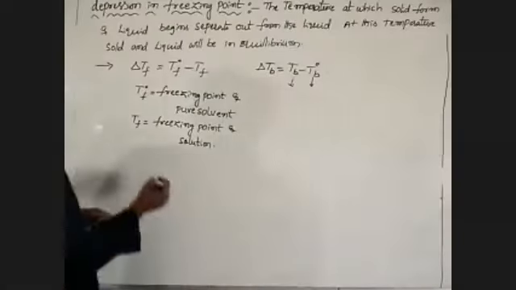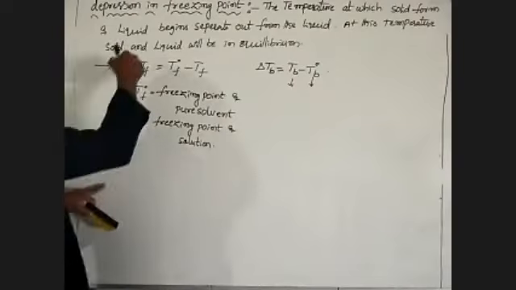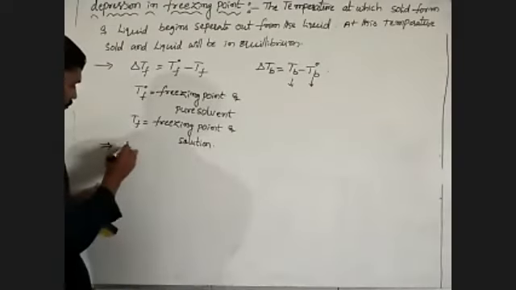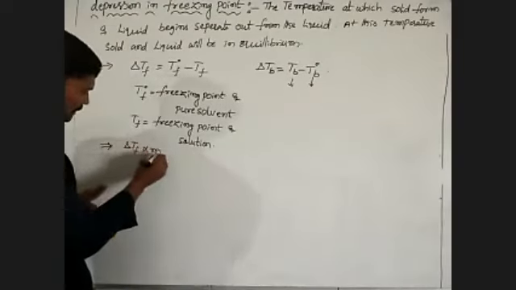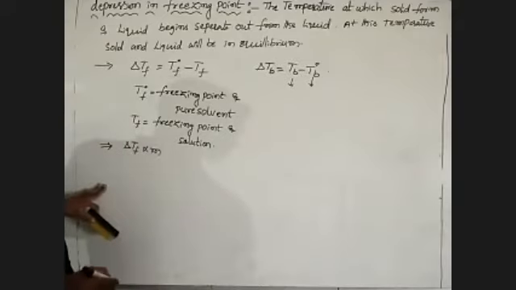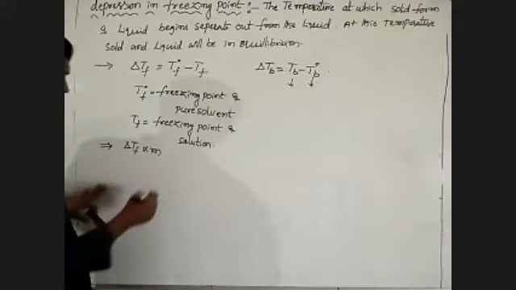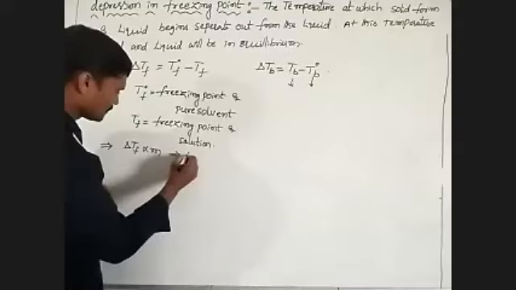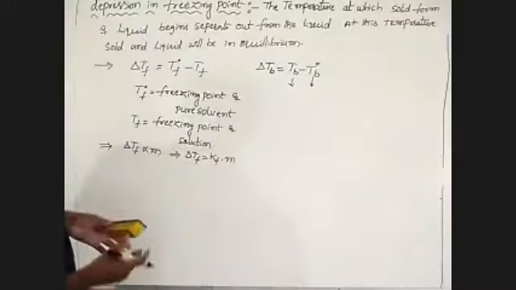Okay. Here also the depression in freezing point is directly proportional to molality. That implies delta Tf is equal to Kf into m.